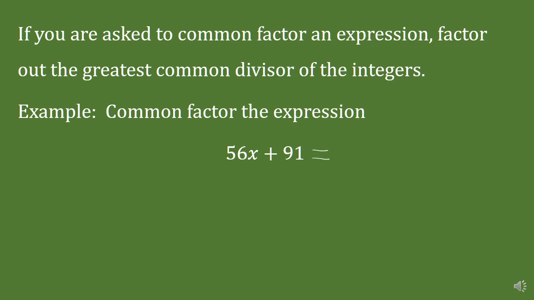So 56 is 8 times 7, and 91 is 13 times 7. So the greatest common factor of these integers here is 7. They're both divisible by 7, and they're not divisible by anything larger than 7. So you take a 7 out here, and this will give you 8x plus 13.